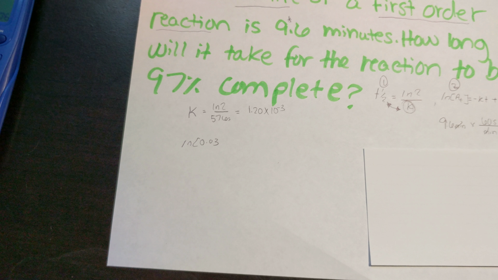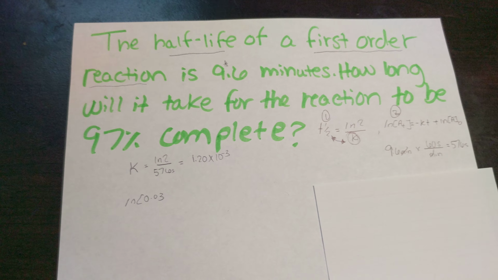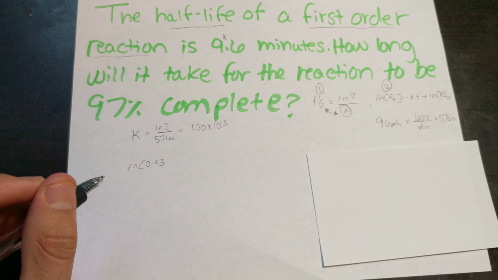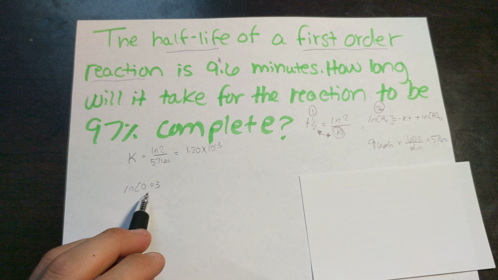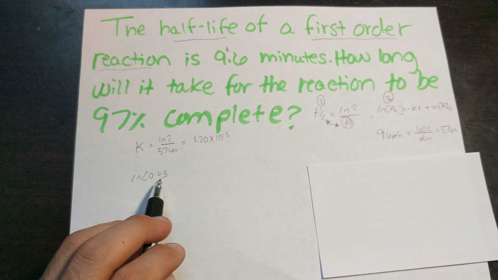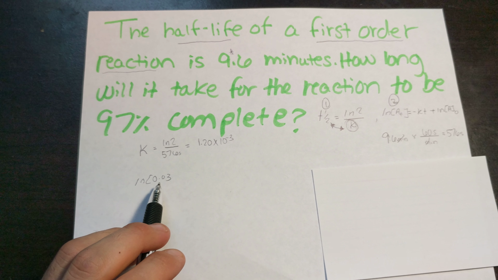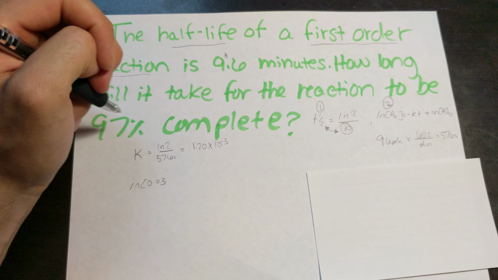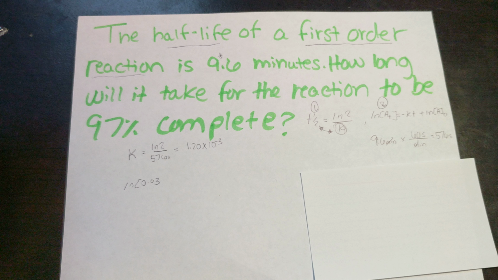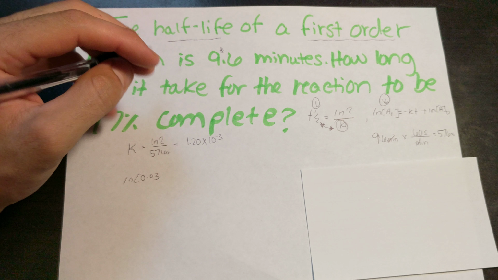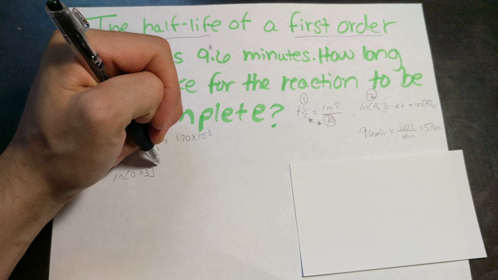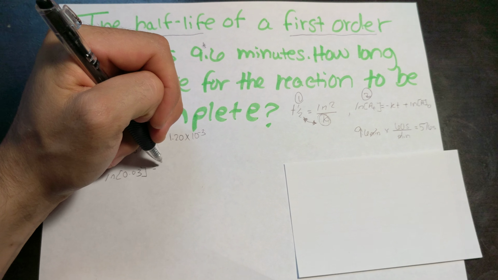With 0.03, that's pretty much our change in concentration. So that 3 pretty much represents the 3% that's left from 100%. So that's where that 0.03 comes from.